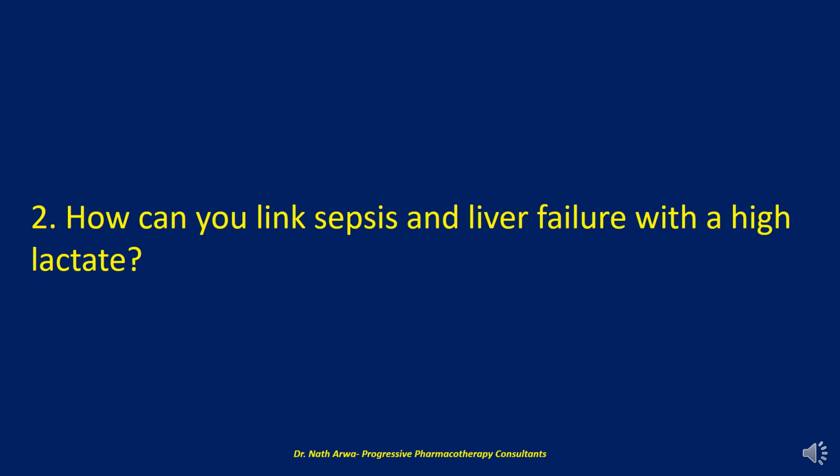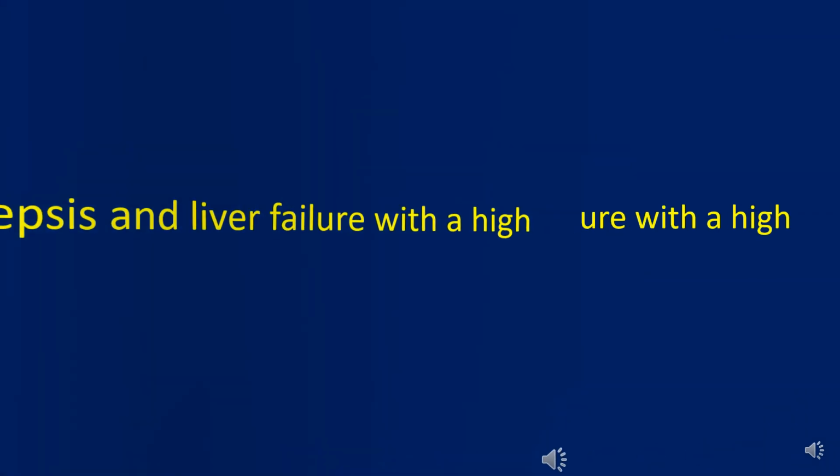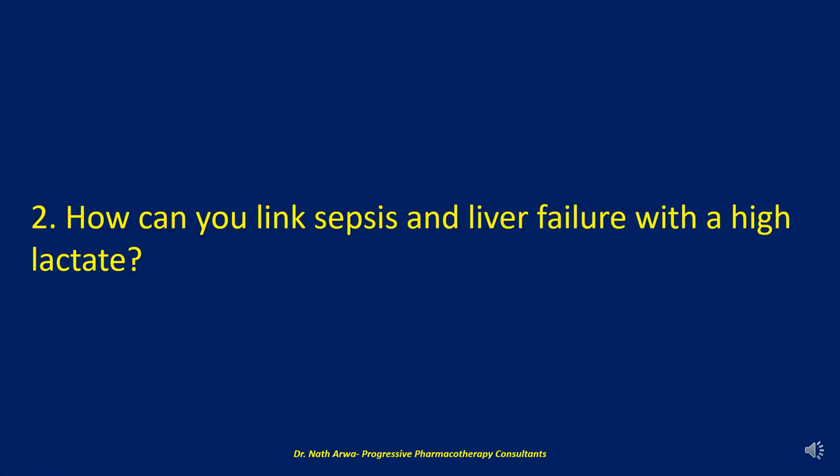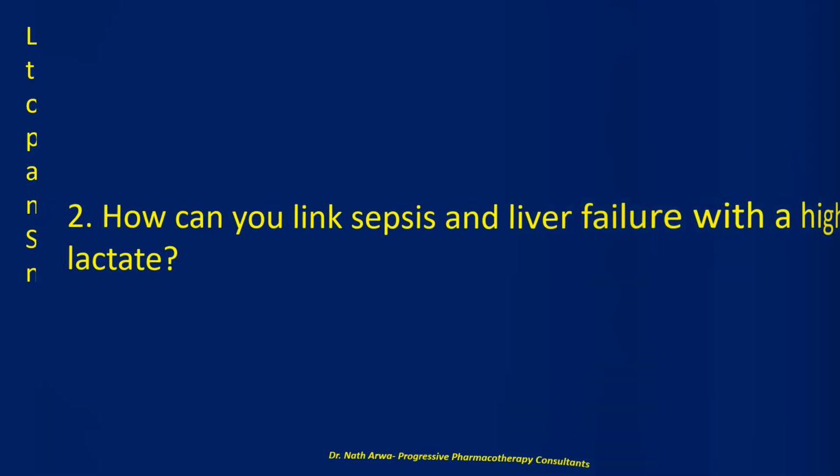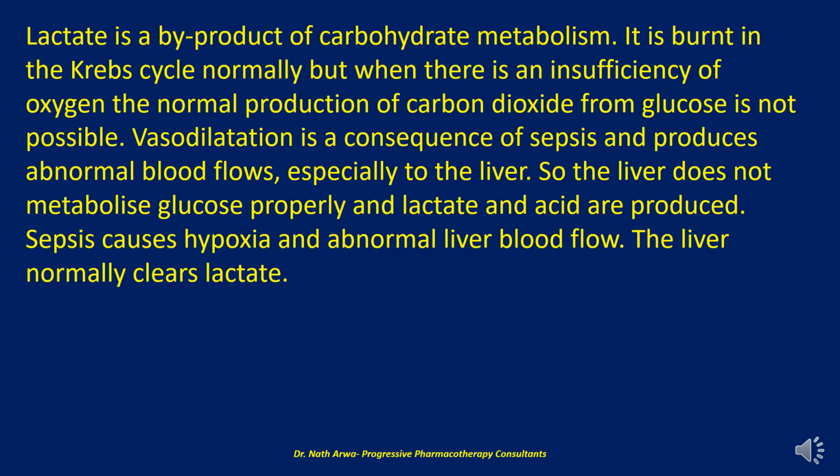Question 2 reads, how can you link sepsis and liver failure with a high lactate? Lactate is a byproduct of carbohydrate metabolism. It is burnt in the Krebs cycle normally, but when there is an insufficiency of oxygen, the normal production of carbon dioxide from glucose is not possible.